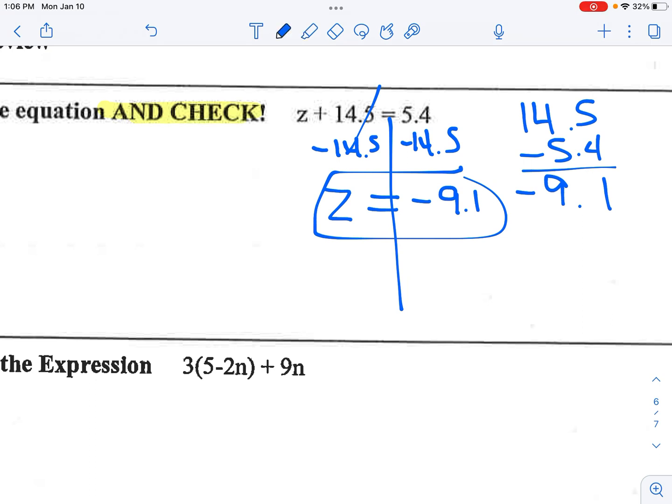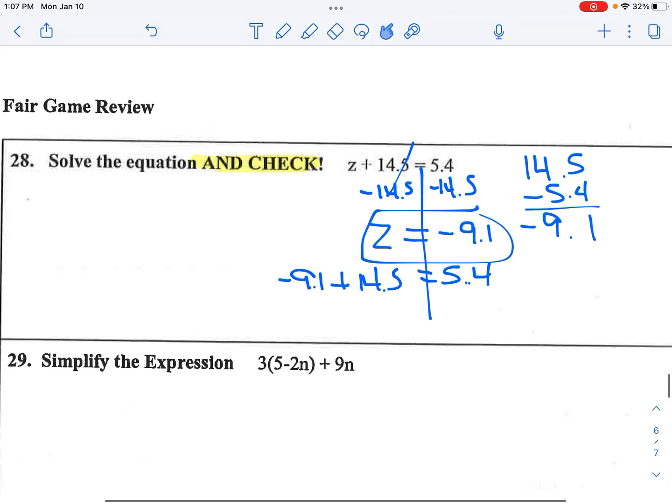Substitute and check. Check your solution. So is negative 9 1/10 plus 14 5/10 equal to 5 4/10? Now remember, every day that we did equations for weeks, I said 3-digit numbers, decimals, and fractions, you have to show me the math.